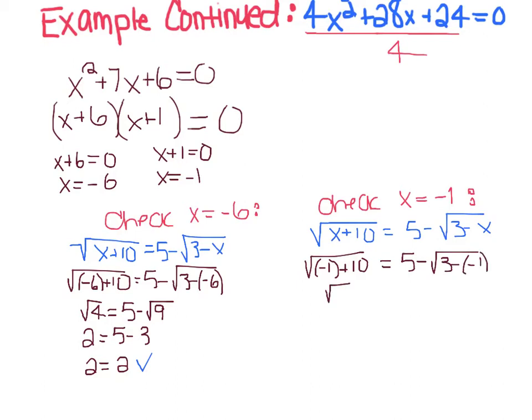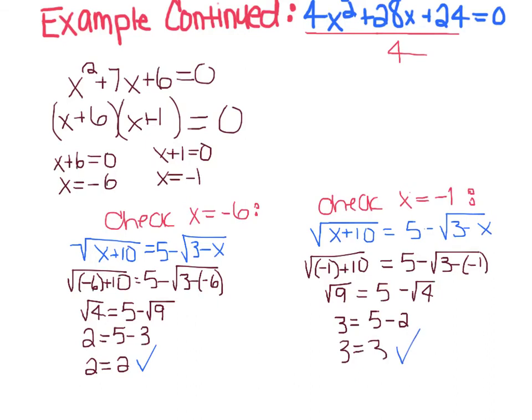On this right side we would have the square root of 9. We would have then a 5 minus the square root of 4. The square root of 9 is 3. The square root of 4 is 2. 5 minus 2 is 3. 3 does equal 3, so it does check out.